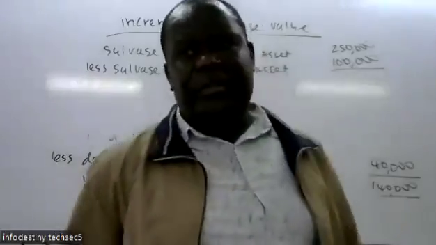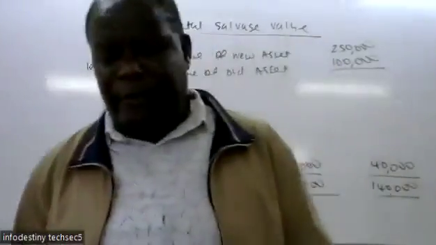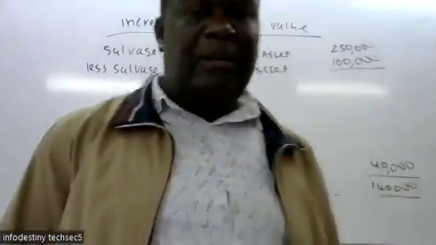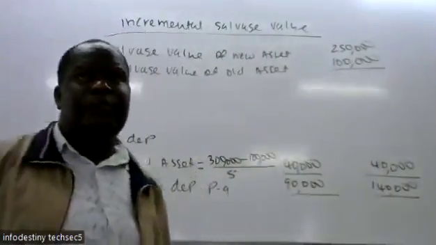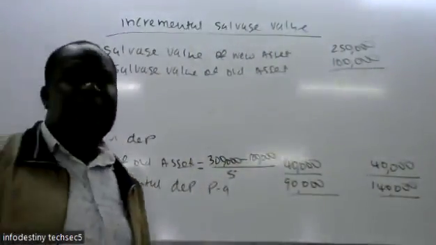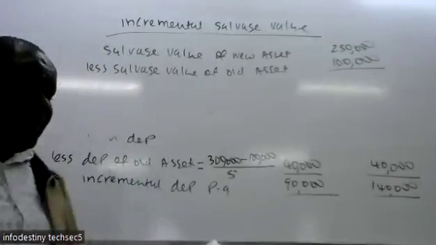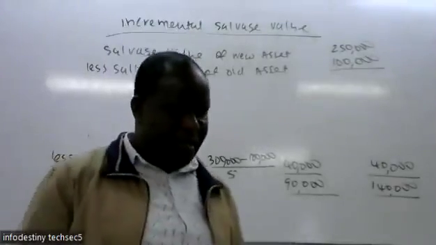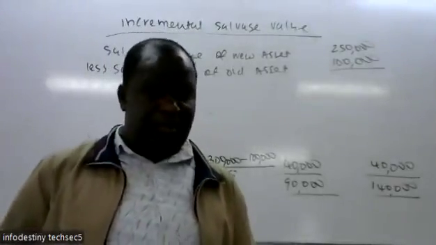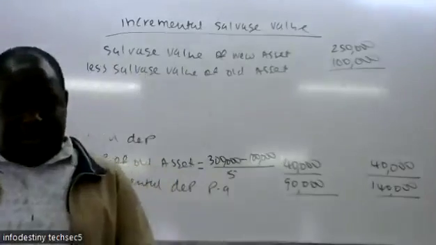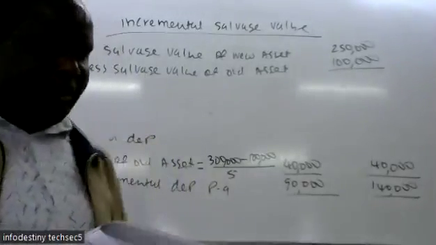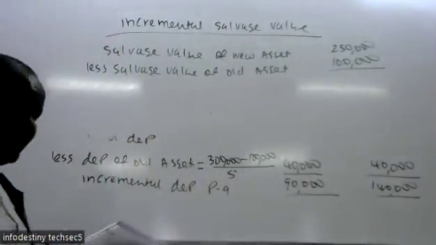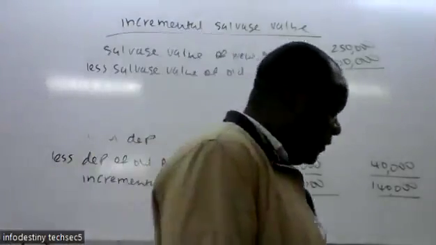We now got the step number 4. So step 4 is the same as the Roman letter 2 of the question, where they were asking you to calculate the incremental net operating cash flows associated with the proposed machine replacement.